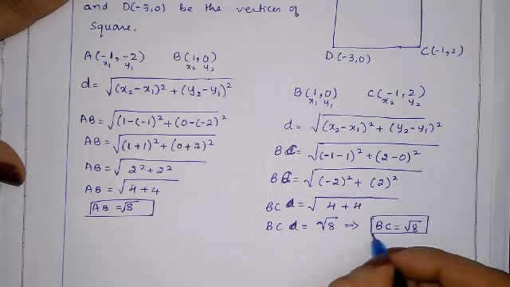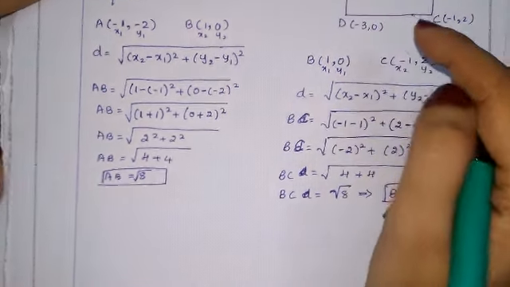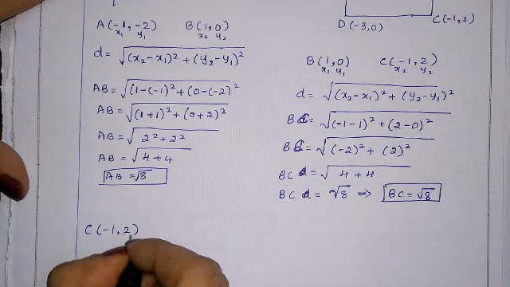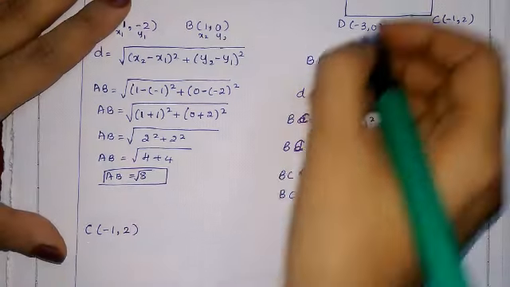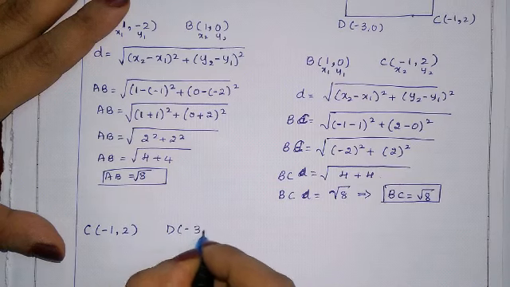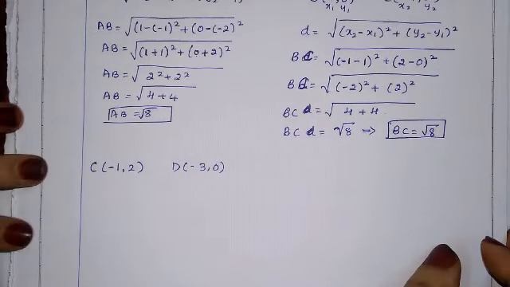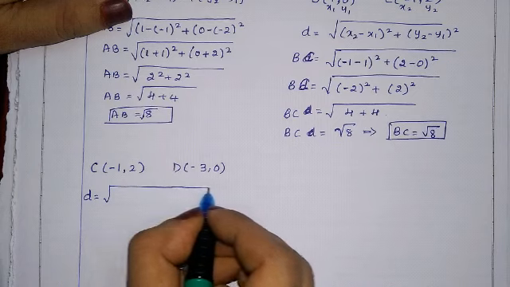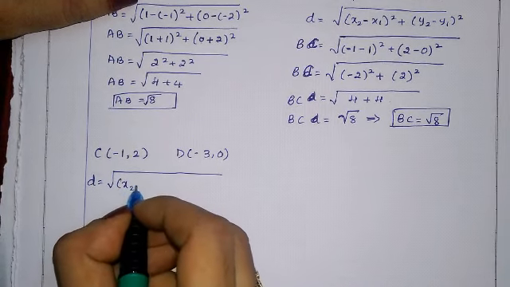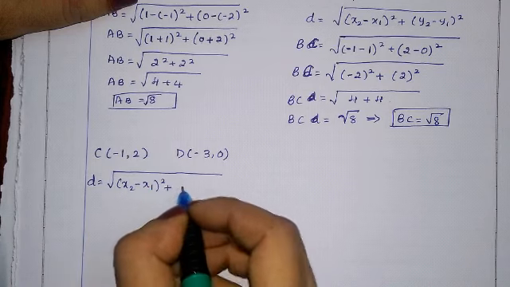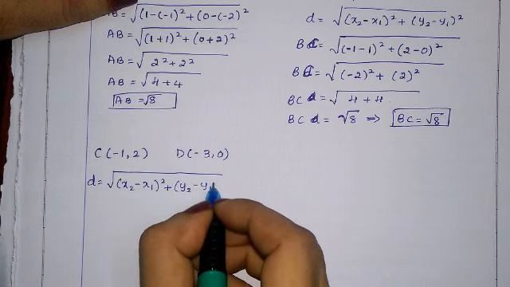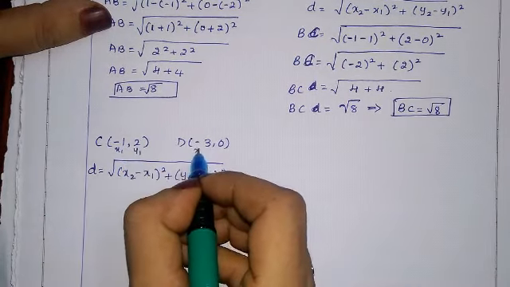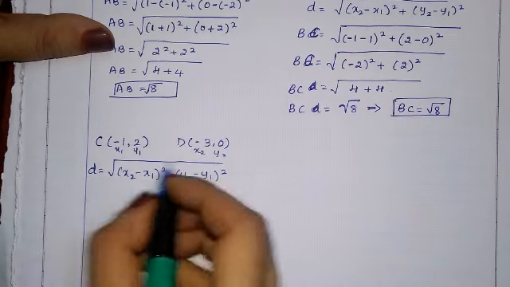So let us check now. Next CD. C value is (-1, 2), D value is (-3, 0). Distance formula: root of (x2 minus x1) whole square plus (y2 minus y1) whole square. This is x1, y1, x2, y2. Let us substitute.